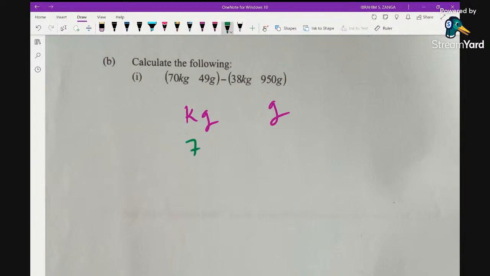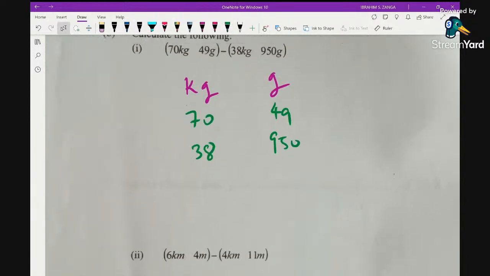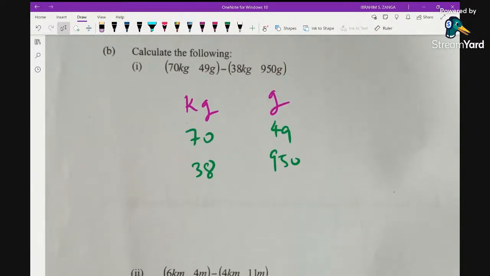So you have 70, you have 49, you have 38, you have 950. Okay, so to subtract here, actually, we are going to borrow 1 kg from this side to this side.